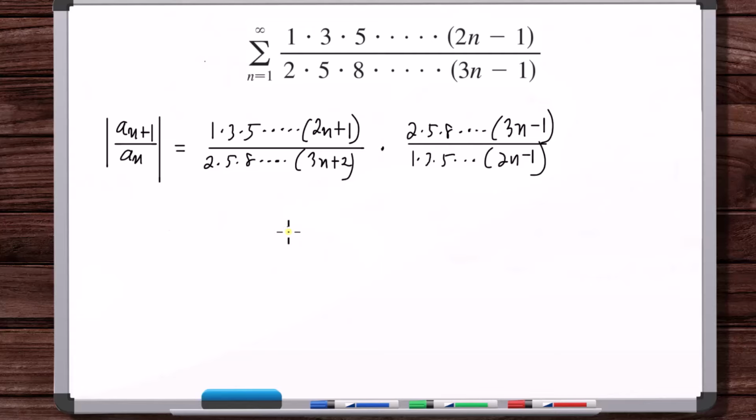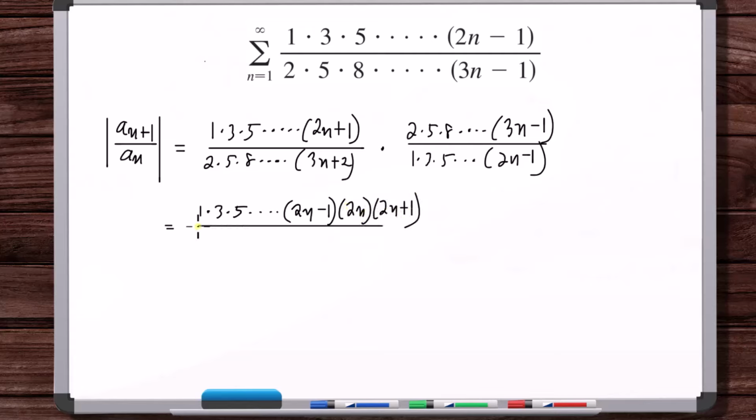So what we can do is rewrite this: 1 times 3 times 5, and then times 2n minus 1 times 2n times 2n plus 1.